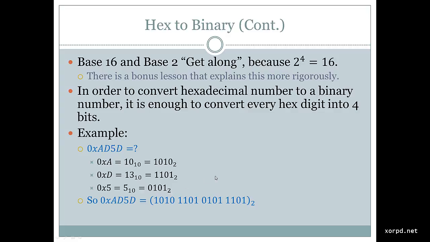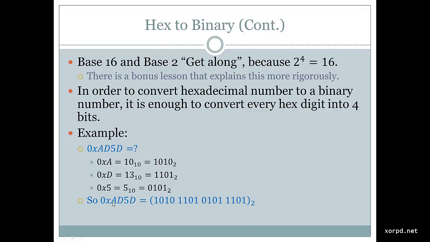So if we just replace every hexadecimal digit with the corresponding 4 bits, we are going to get this number that we see here. I'm not going to read it this time. So let's just follow to make sure that we understand where those bits came from.